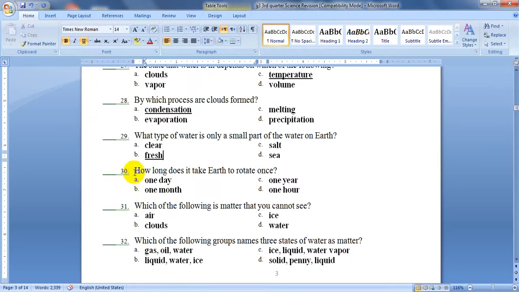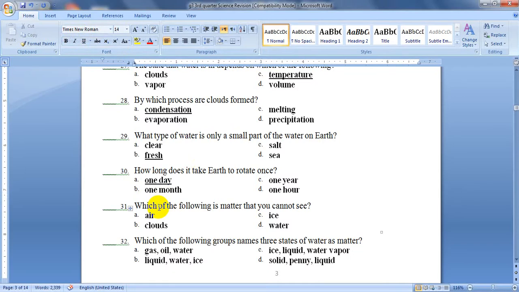Now, question number 30. How long does it take Earth to rotate once? To rotate or to spin around itself takes 1 day, 1 month, 1 year, or 1 hour. It takes 1 day, or as we said, 24 hours.